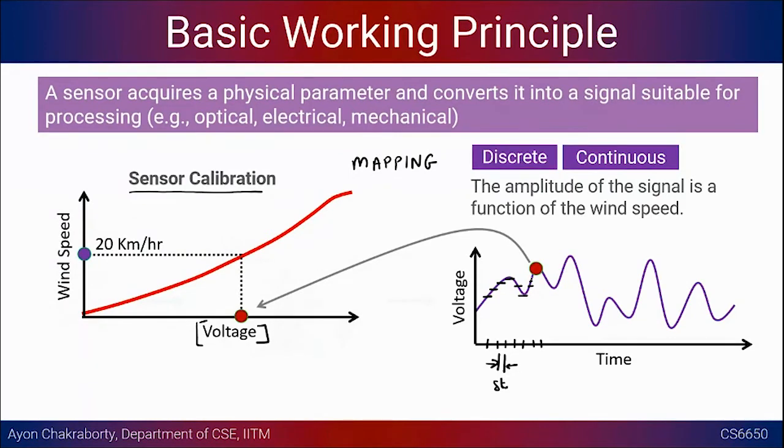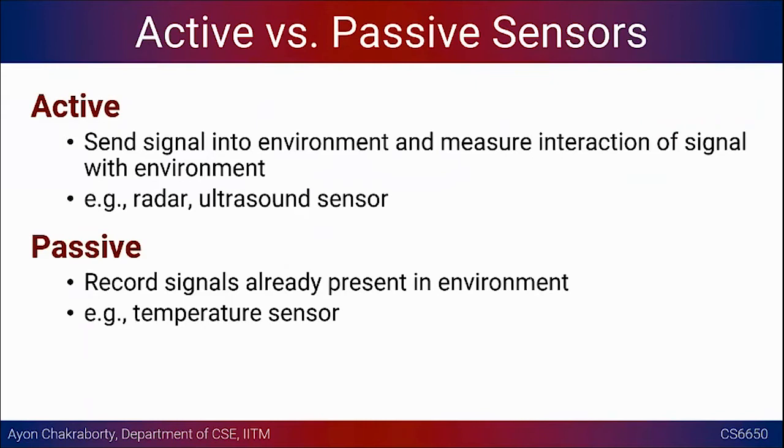Okay. So there are two kinds of sensors. One set is called active sensors, which actively send a signal into the environment and measure the interaction of the signal with the environment. One example is the ultrasound sensor, which sends ultrasound and then receives the reflection of that.